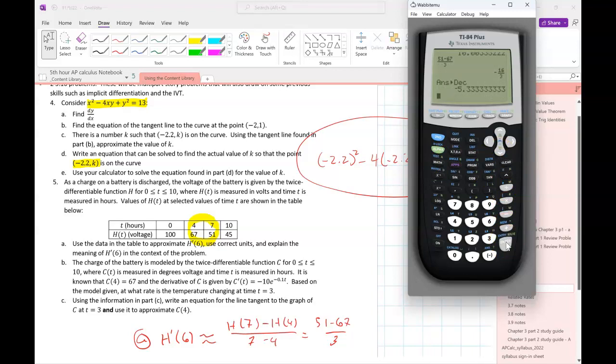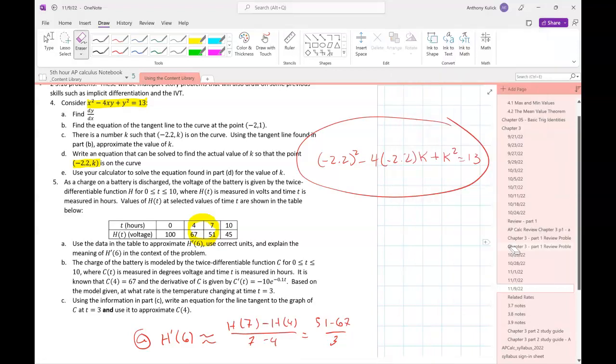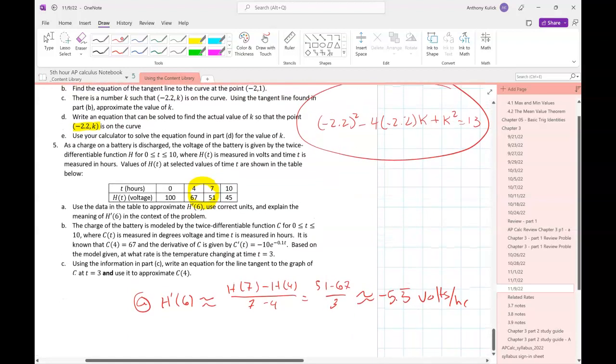So negative 5.3 repeating. And this would be volts per hour. And what is this describing in the context of the problem?